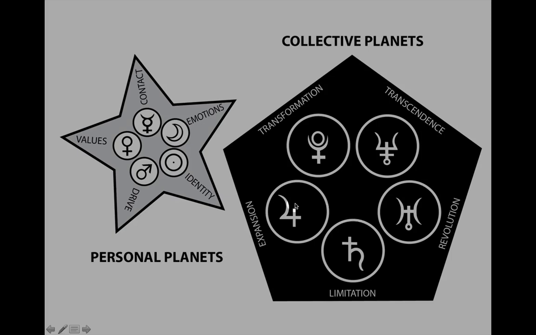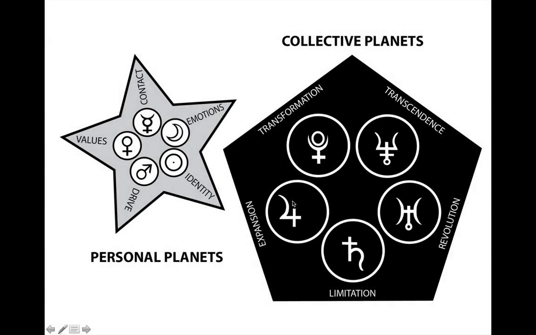Then you have easily identifiable character traits. So it doesn't even matter what sign Sun, Moon, Mercury, Venus and Mars are in some senses, because the contact with one of these outer planets is so powerful. It's going to be shown in their behavior.